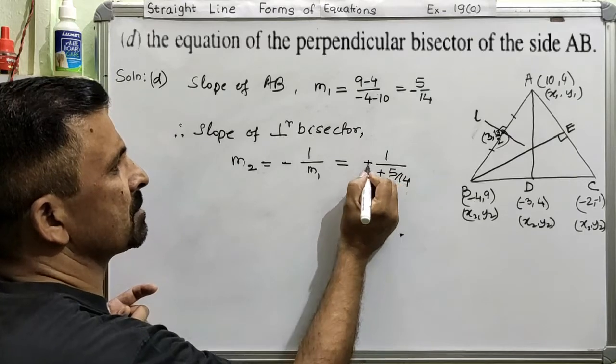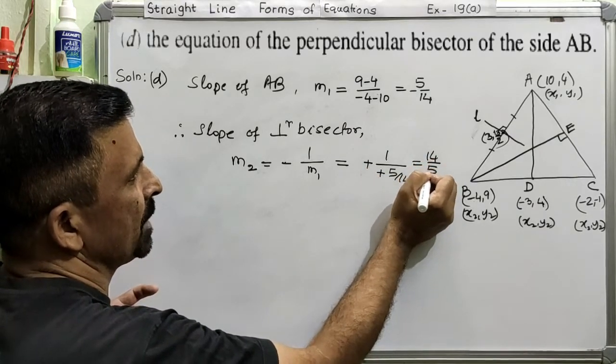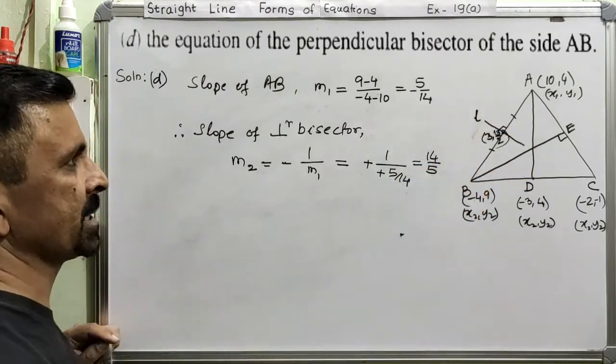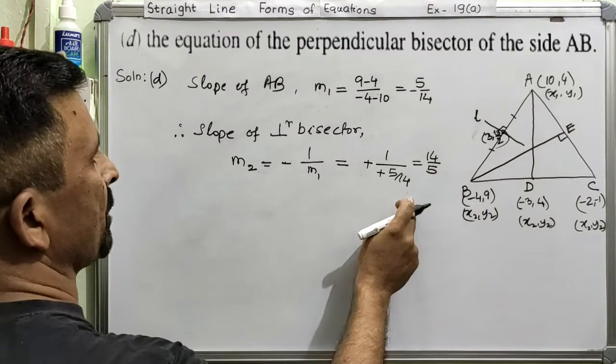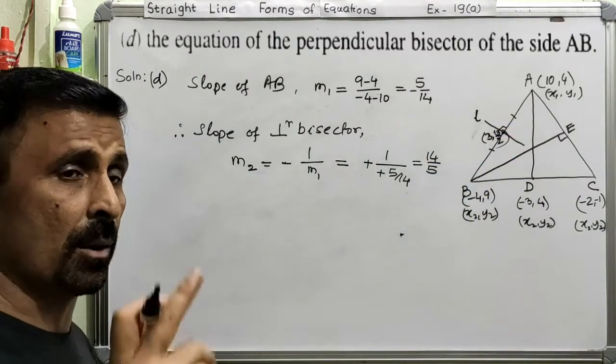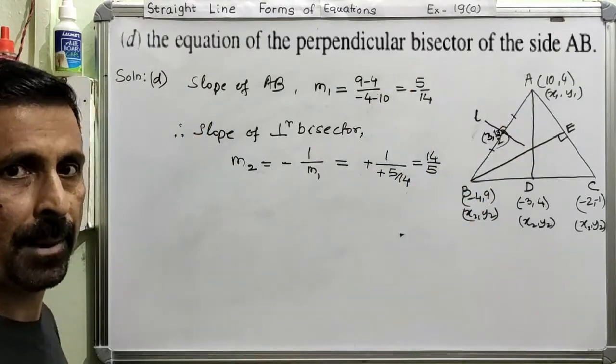So this minus cancels, and finally this will become 14 over 5. So we got the slope of the perpendicular bisector, and before we already calculated the coordinate of one point on the perpendicular bisector, so we can now write the equation of the perpendicular bisector.